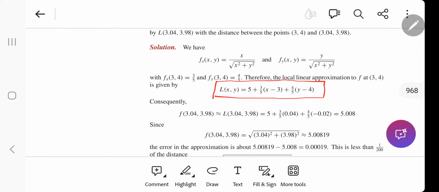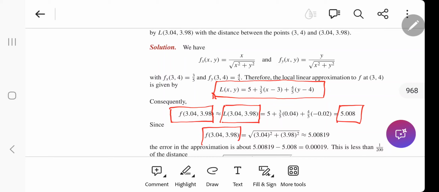Then using this function, we approximate f of 3.04 comma 3.98, which is approximately 5 plus 3 upon 5 into 3.04 minus 3, that means 0.04. Finally you will get 5.08.